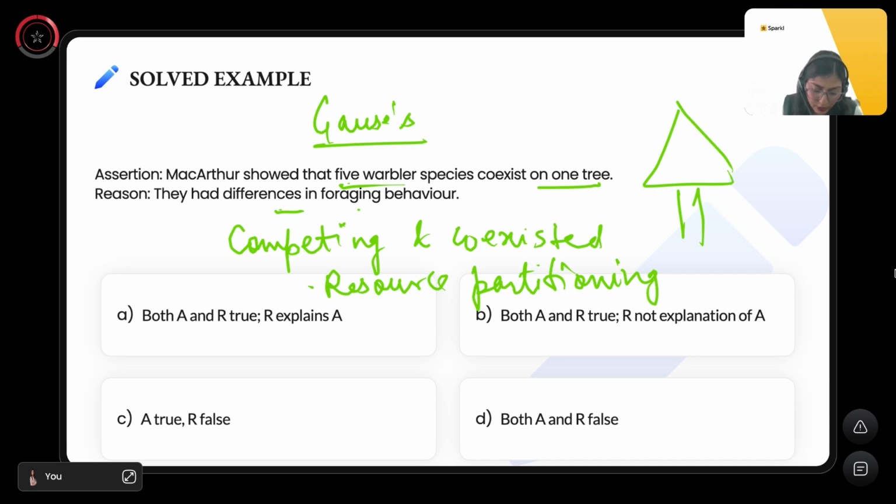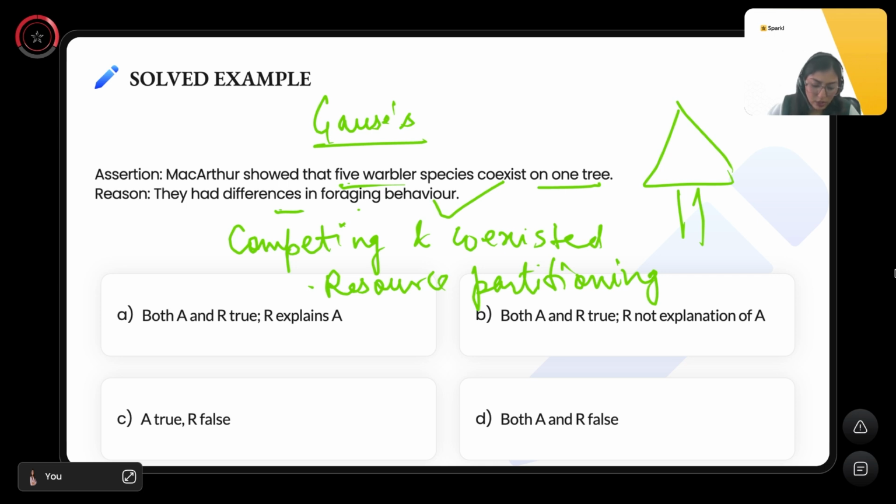Resource partitioning, and especially they develop subtle differences in their foraging behavior and active feeding times. Okay, so that is why they were able to survive together at the same time, feeding on the same resource.